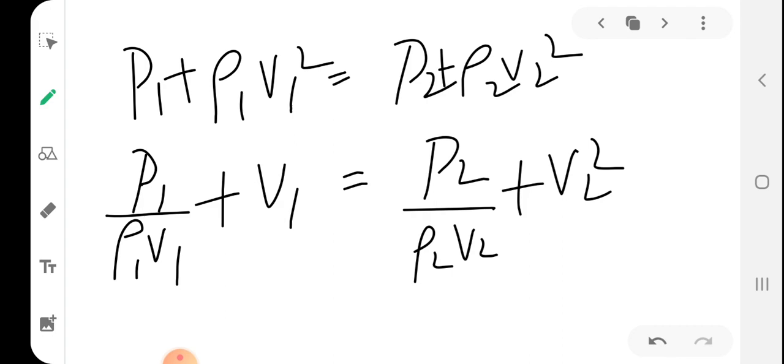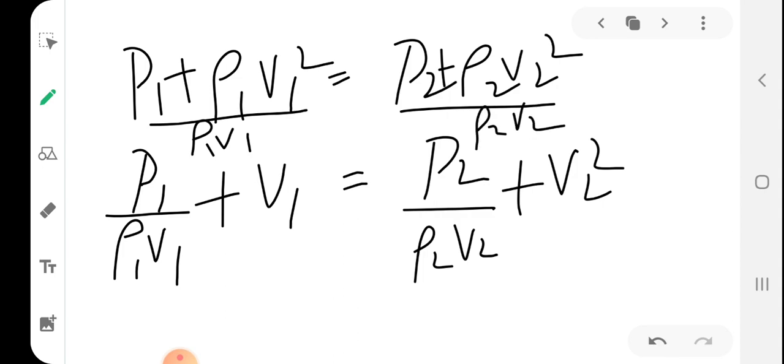Rho 1 v1 is constant, right? Rho 1 v1 is equal to rho 2 v2 equal to constant. So I can divide both LHS and RHS. I am dividing with rho 1 v1 here, and since rho 1 v1 is equal to rho 2 v2, I am dividing with rho 2 v2 there. So we will get an equation like this.